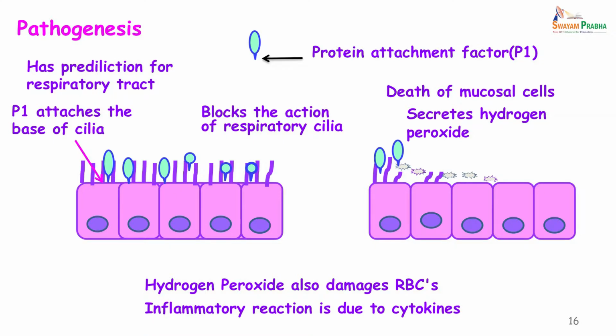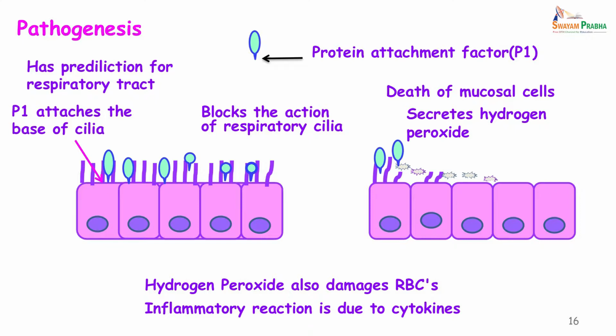Coming to the pathogenesis, the organism has a protein attachment factor P1. Now, what happens is that Mycoplasma have a predilection for the respiratory tract. So, once they have been inhaled, they will try and go into the respiratory tract, and with the help of the P1 attachment factor, they attach to the base of the cilia. Following this, they block the action of the respiratory cilia.